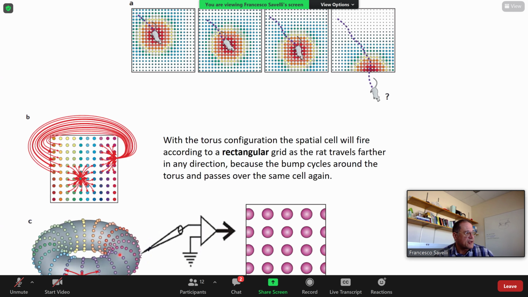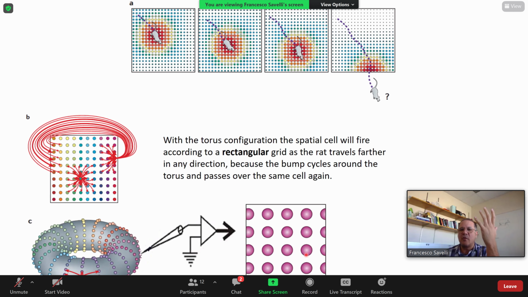In this other direction, you're going to go around the transversal section of the donut. Now it means you're moving in this other direction, and again the cell fires again, even if now the animal is in a different position. So you're going to have a regular grid, but now this grid is square.